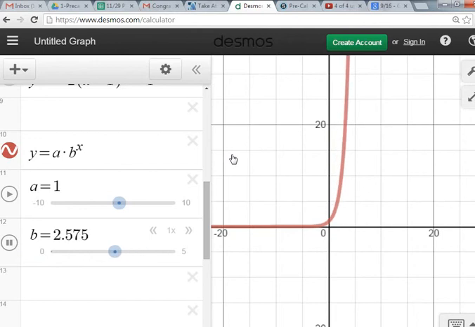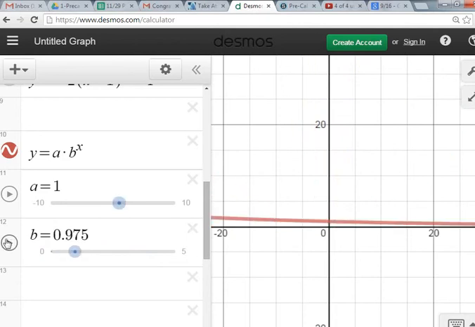Oh, wait. Growth. Growth. Is it possible to play both at the same time? Decay. Wait, where's the point that it changes from growth to decay? When b equals what?